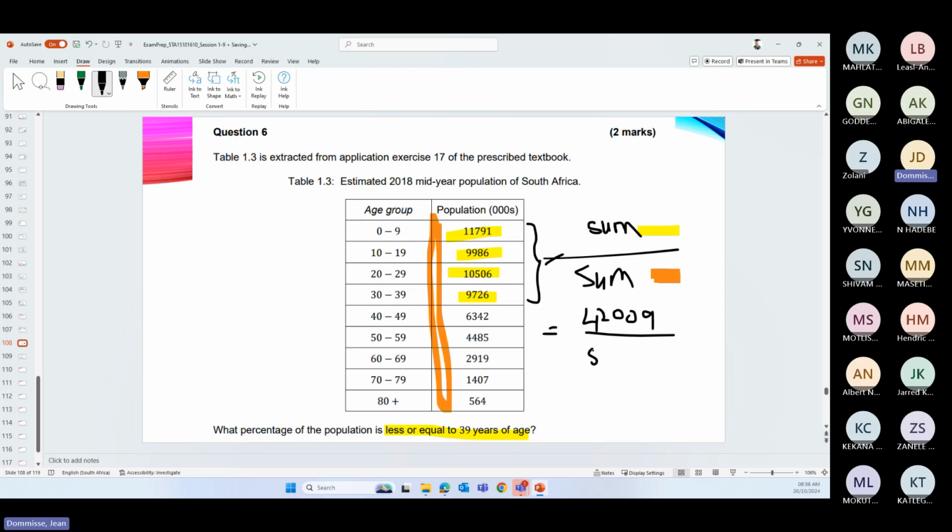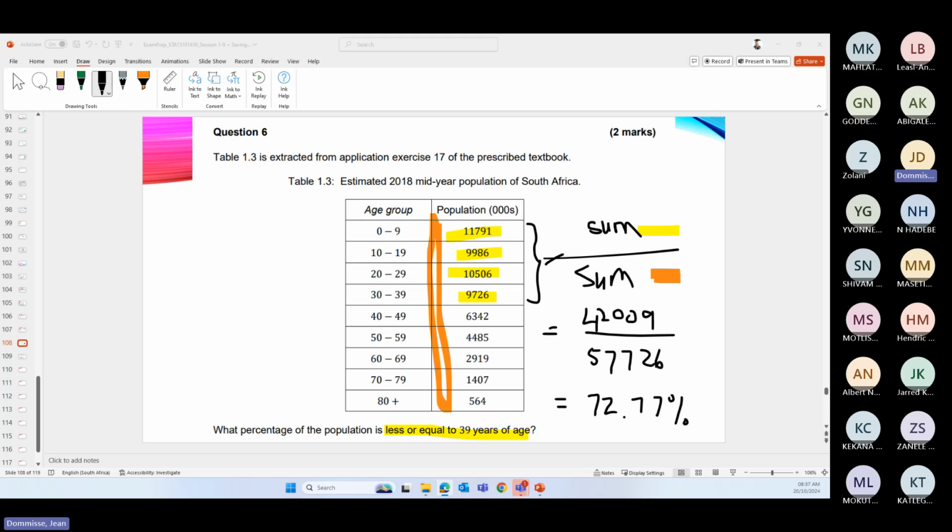Okay, so that gives me a total of 57,726. Then 42,009 divided by 57,726, and if I put it as a percentage, I get 72.77%. So I did not use Excel in this instance. I just used a calculator.